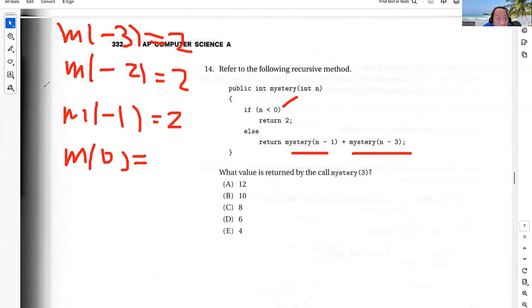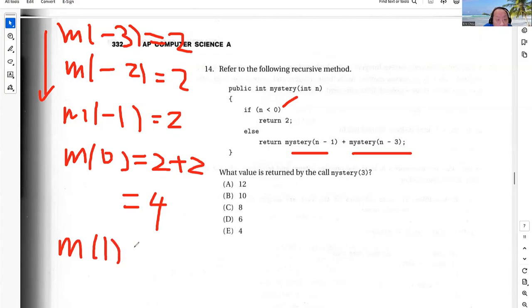I already listed it down here. It is 2 plus 2 equals 4. How about m equals 1? m1 is 6.